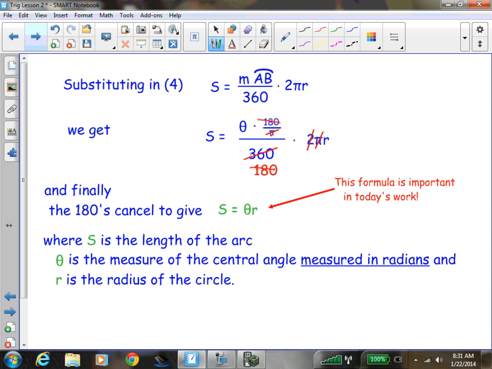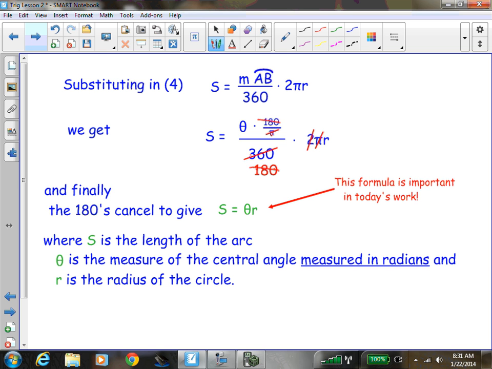So those 180s are going to cancel. And so once we do all that canceling, we're left with S equals theta times R. So this is the arc length, and then this is theta measured in radians, and that's the radius.